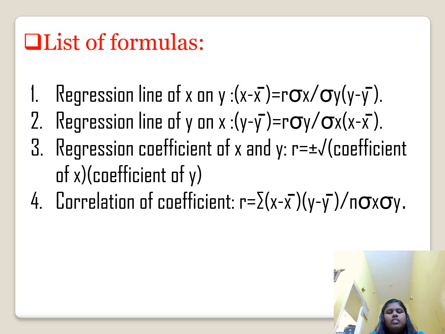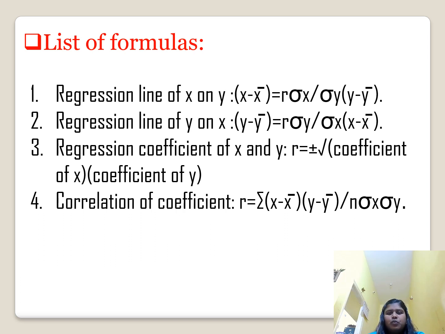Now moving on to the list of formulas. Regression line of x on y: x minus x bar is equal to r into sigma x divided by sigma y into y minus y bar. Regression line of y on x is denoted as y minus y bar is equal to r into sigma y divided by sigma x into x minus x bar.